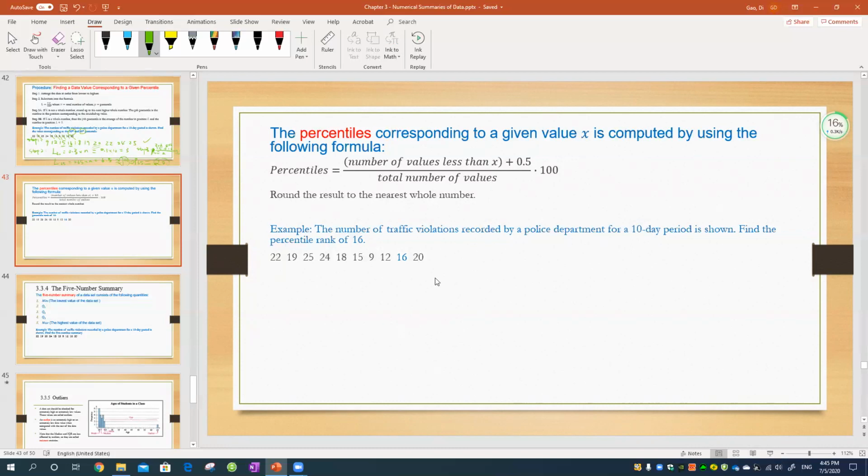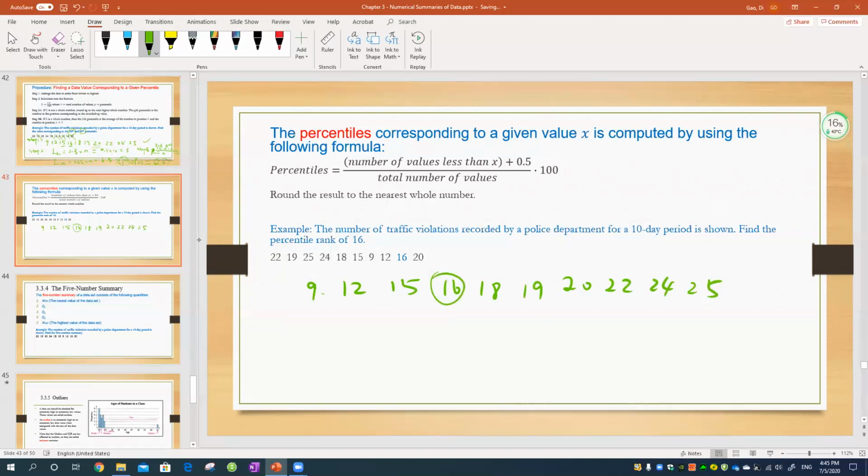So now let's look again at this example. We have to order this one. So we have 9, 12, 15, 16, 18, 19, 20, 22, 24, 25. And then this is the target value.